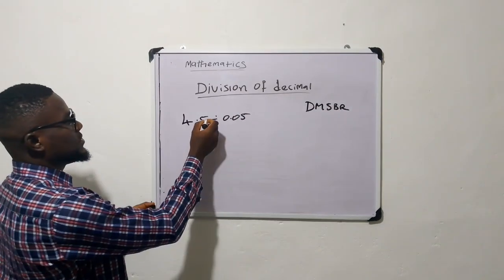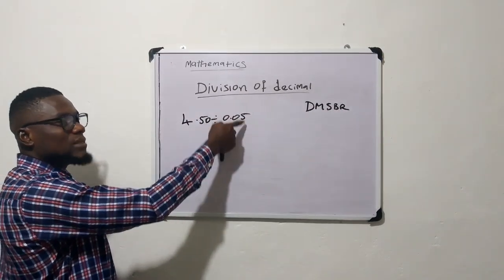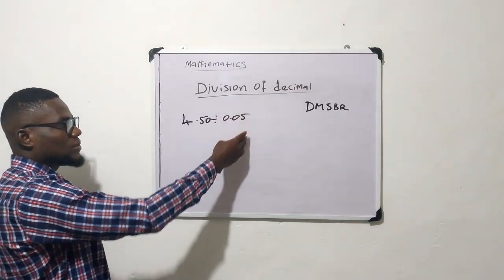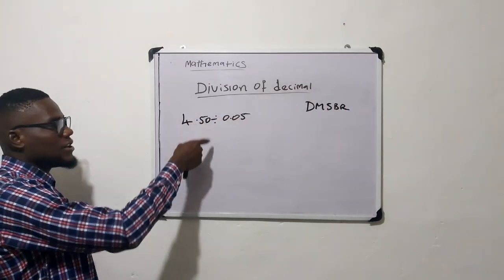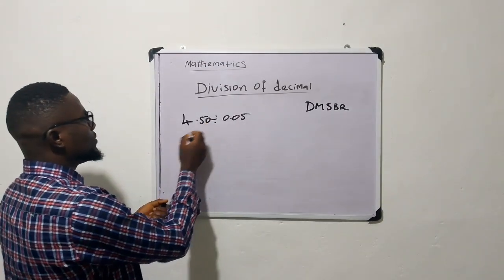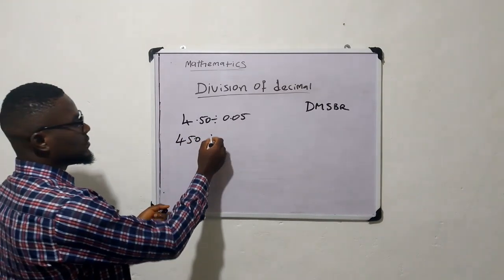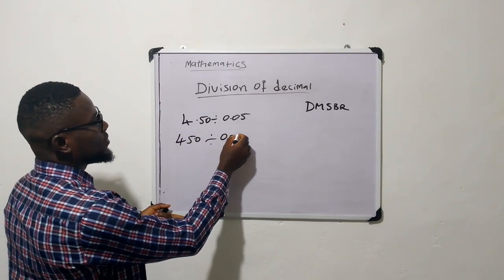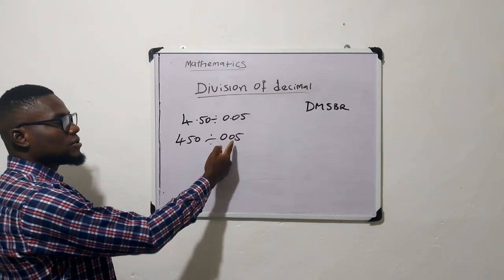The number of times we move the decimal point on the divisor side is also going to equal the number of times we move it on the dividend side. So when we do so, we have 450 divided by 0.005.